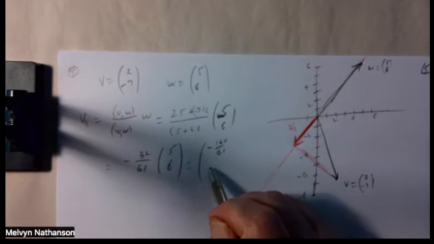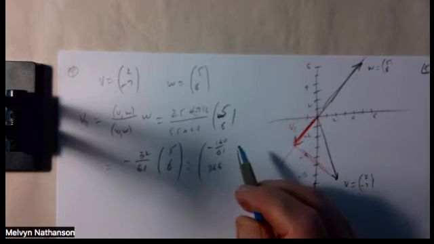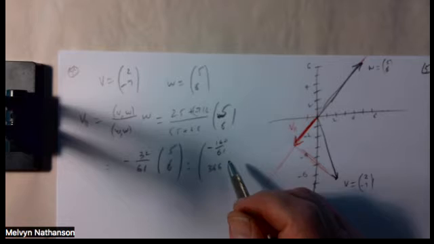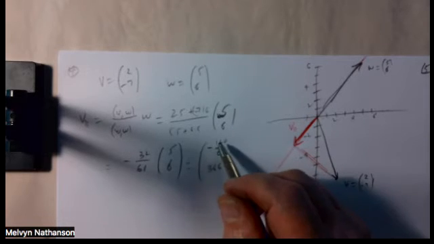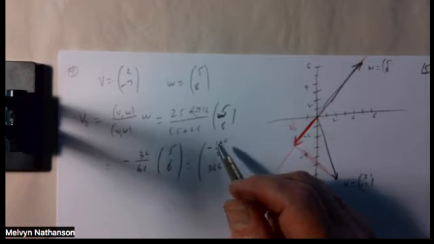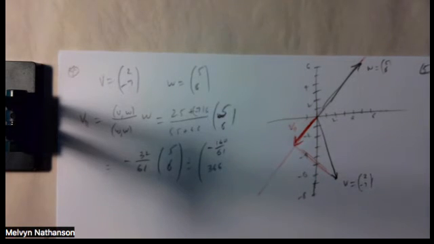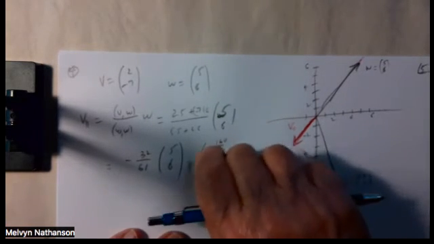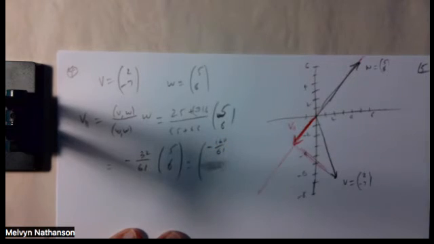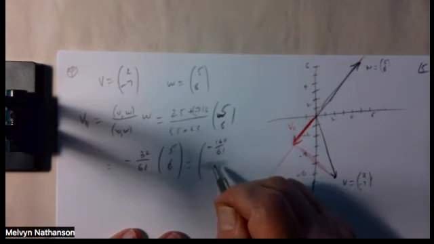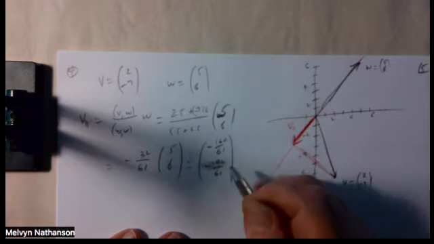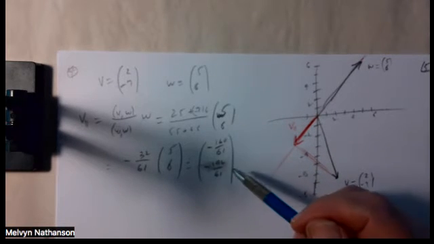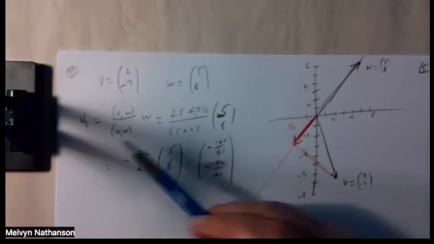And 6 times 32 is 192, so minus 192 over 61. So those are exactly the coordinates of v parallel.